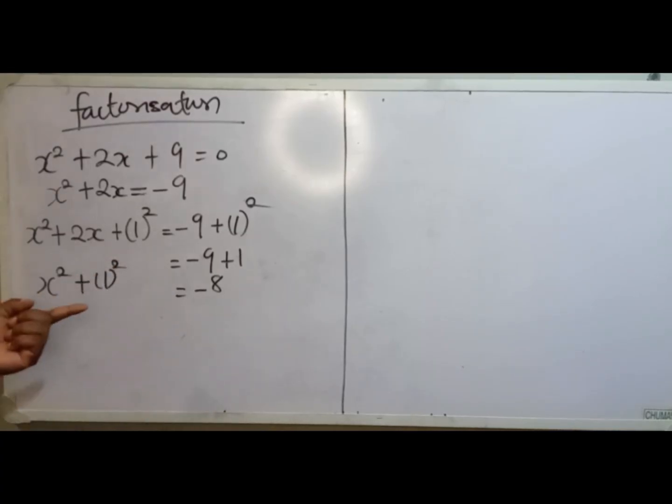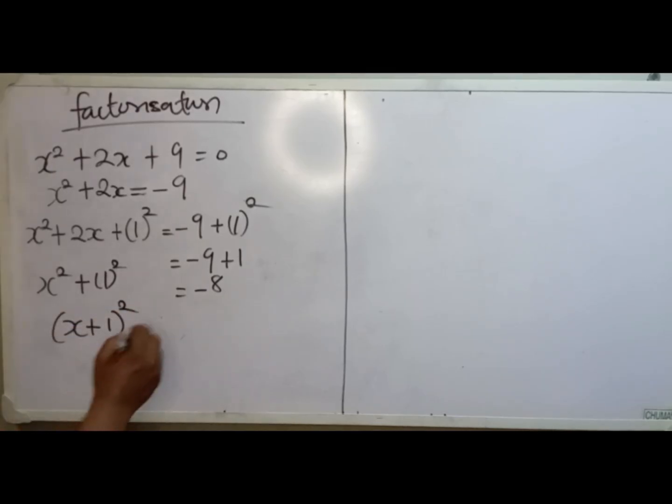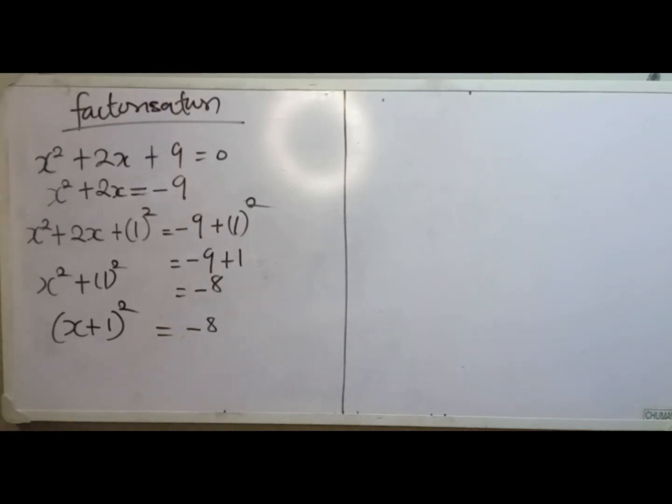That's the next thing to do. We've taken the squares of this side. So now we can still have it in a bracket, x plus 1 all squared, will be equals to minus 8.